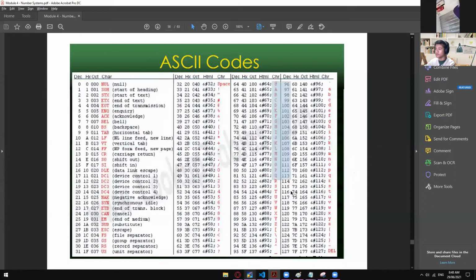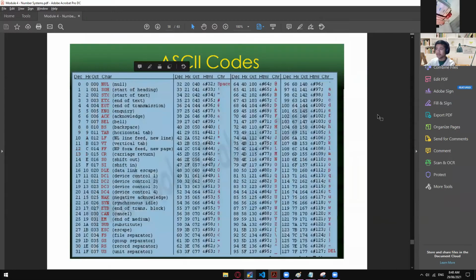There are ASCII representations for capital letters, small letters, and special characters that we can type on our keyboard. Then there are the unprintable ones, which cannot be printed, like the shortcuts that we have on our keyboard.